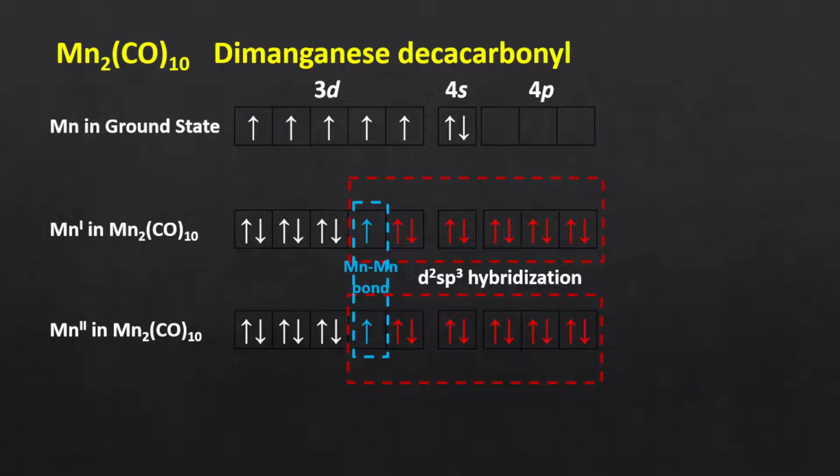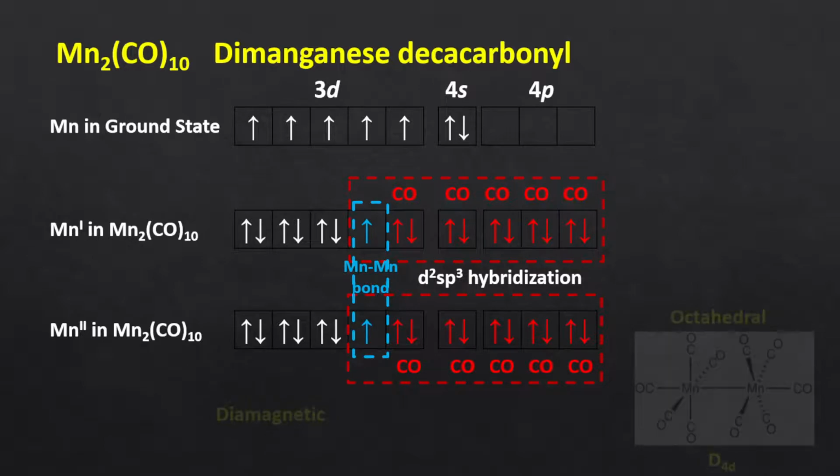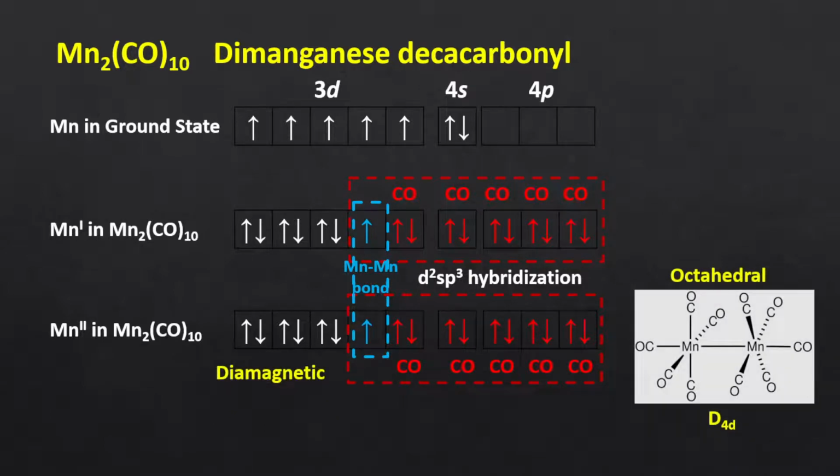As the hybridization is d2sp3, the geometry of the complex is octahedral. Moreover, there is no unpaired electron, so this complex is diamagnetic. To avoid ligand-ligand repulsion, the Mn(CO)5 units acquire a staggered conformation. The point group of this complex is D4d.